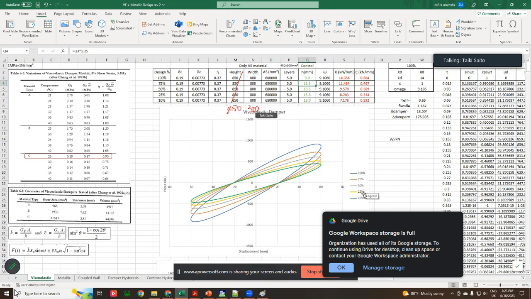Okay. And the area is the multiplication of these two values. Okay. And layer is not necessary. And H is, how to say, the thickness of this. The total thickness. Total thickness, yeah. Okay.